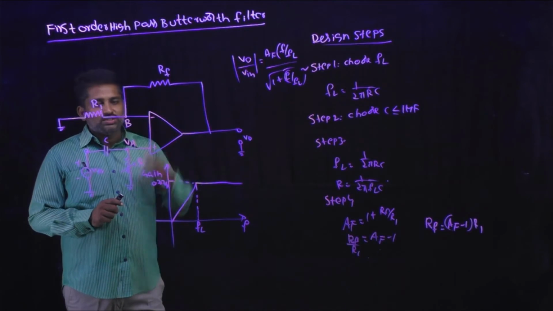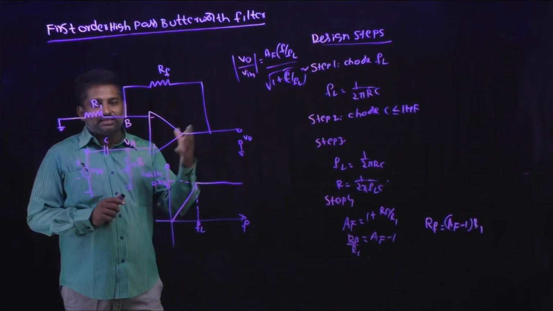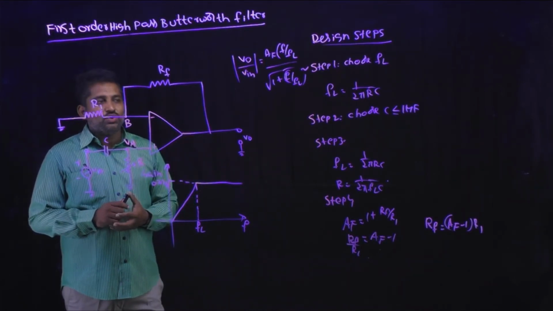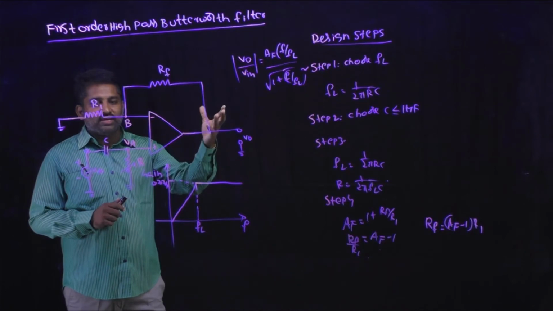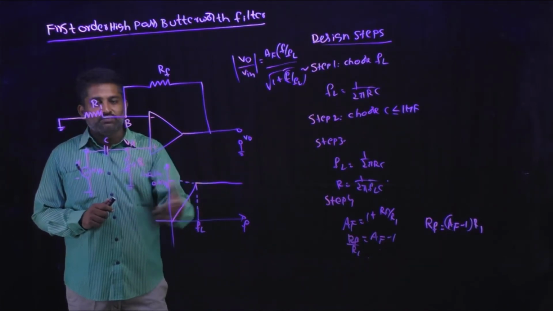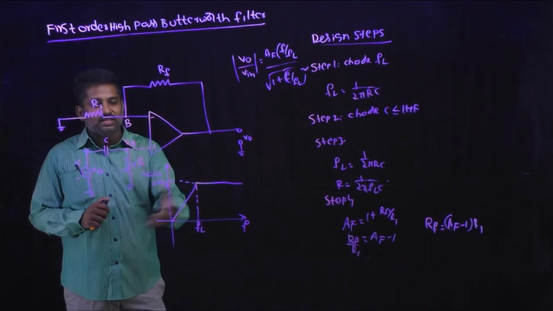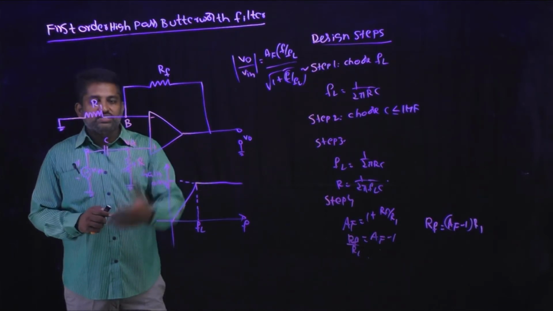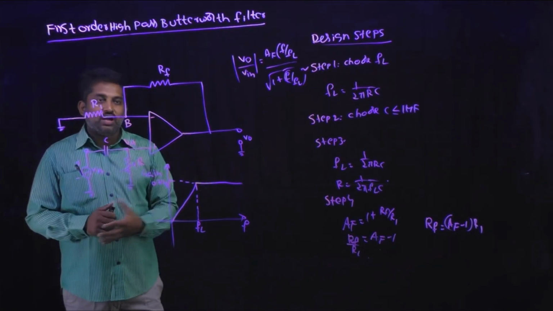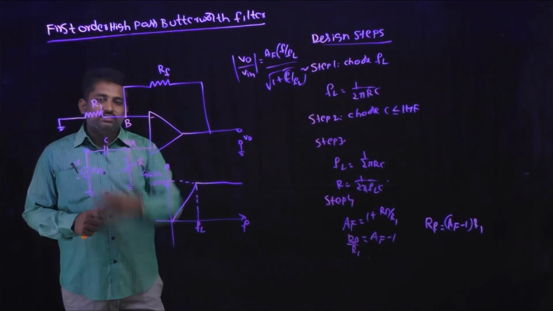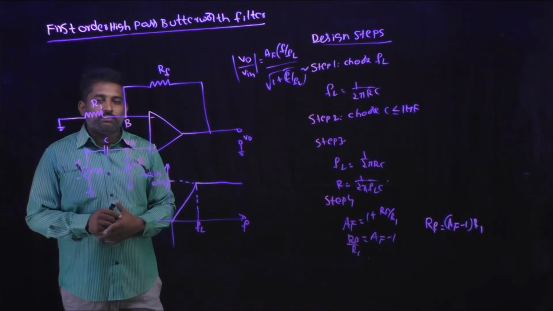By using this formula you can easily calculate the gain value. Once you know the value of gain for the different operating frequencies, then we can easily draw the frequency response, and you have to draw the circuit diagram also in the problems.